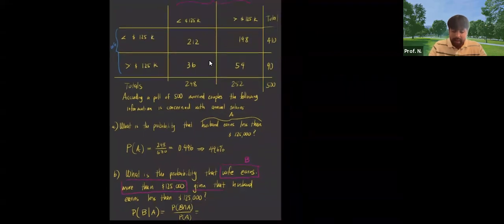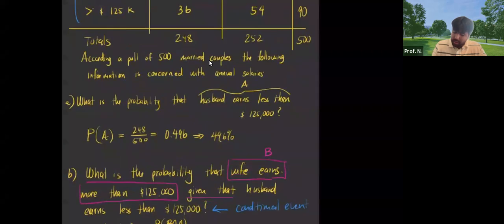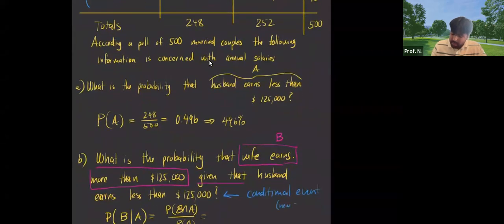Or in this scenario, I can go directly to what the probability will be using the conditional event as my new sample space. So what's my conditional event? My conditional event is that the husband earns less than 125K. This is my new sample space, and this becomes quite straightforward now.